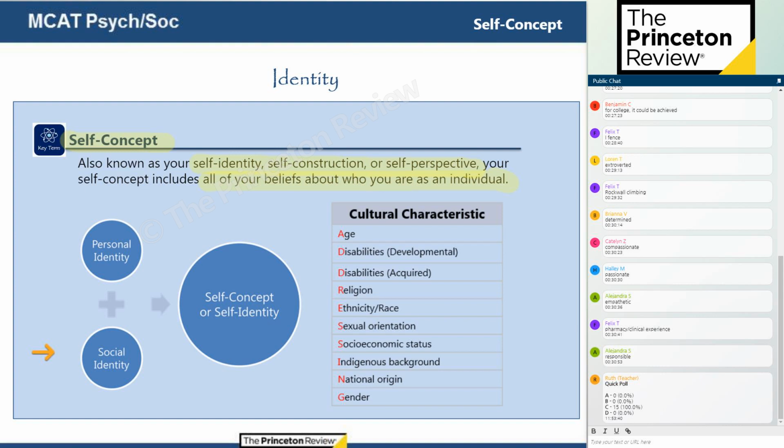Okay, so social identity is going to be those aspects of yourself that how the society and culture would identify you. So if you think back to our list, what are a couple of things that would be social identity descriptors?